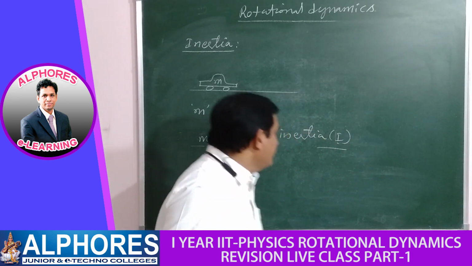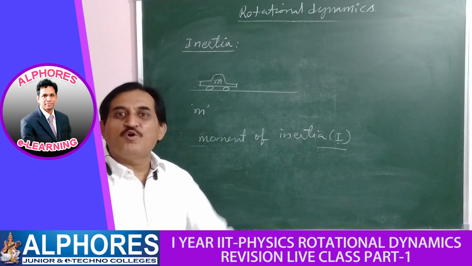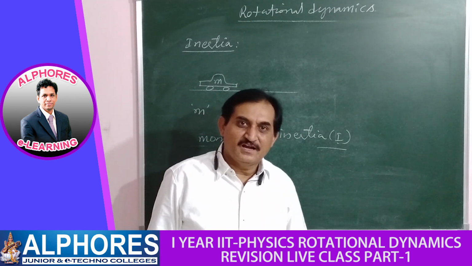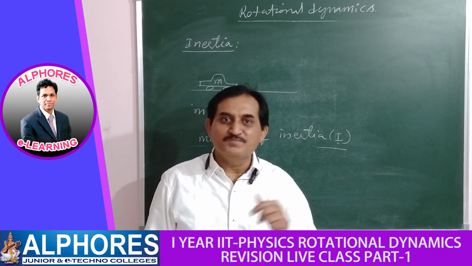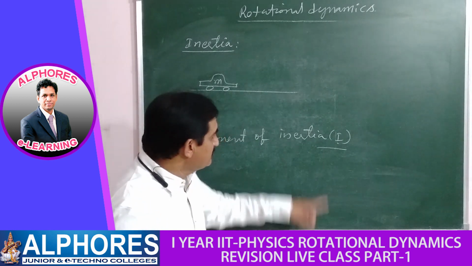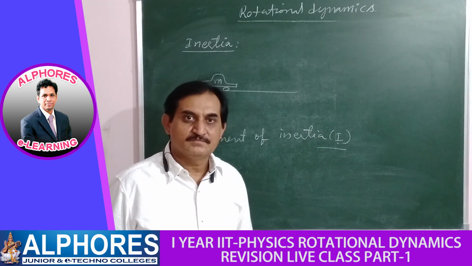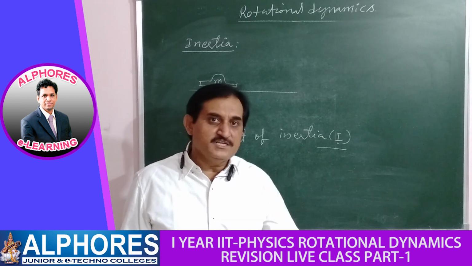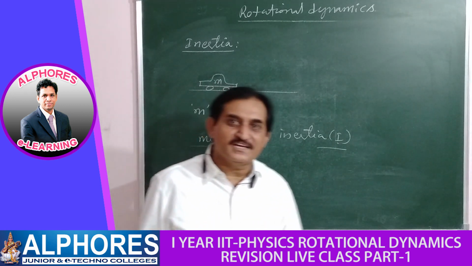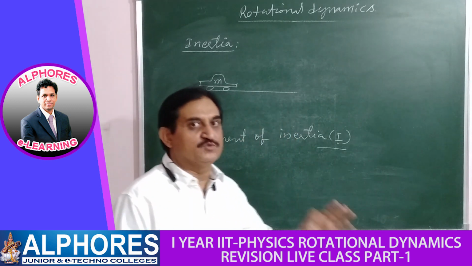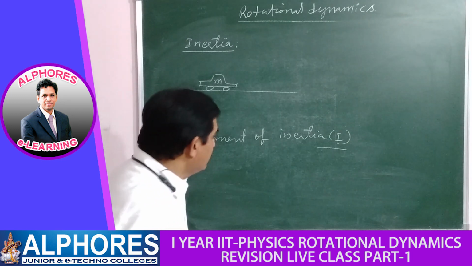The moment of inertia plays the main role in this chapter, and the majority of the problems are linked with it. Therefore, any student, any aspirant should have a clear-cut concept of moment of inertia and also inertia.